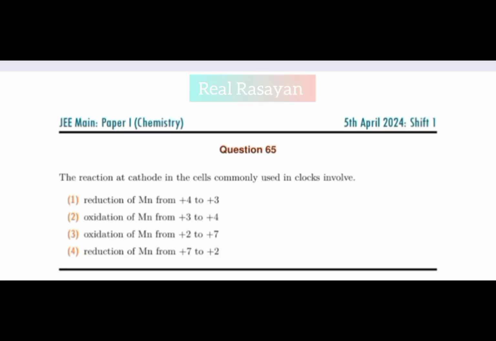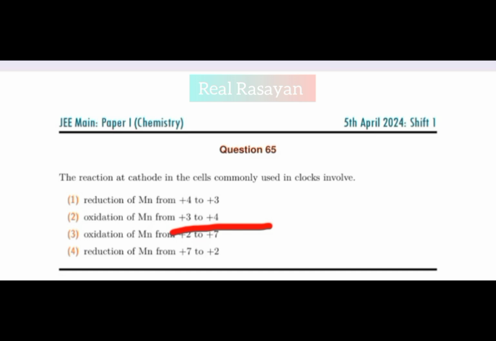Coming towards the next question, the reaction at cathode in the cells commonly used in clocks involves the oxidation of manganese from +4 to +3, oxidation of manganese from +3 to +4, oxidation of manganese from +2 to +7, and reduction of manganese from +7 to +2.